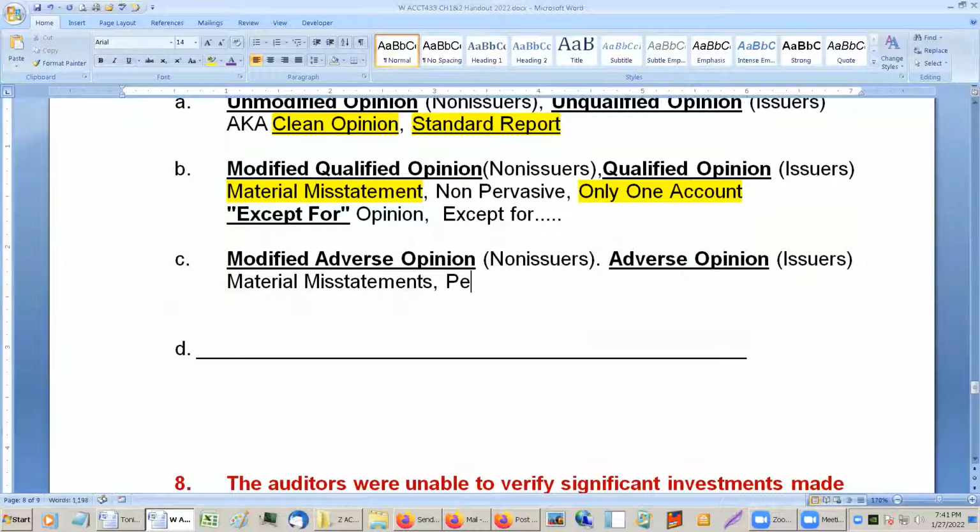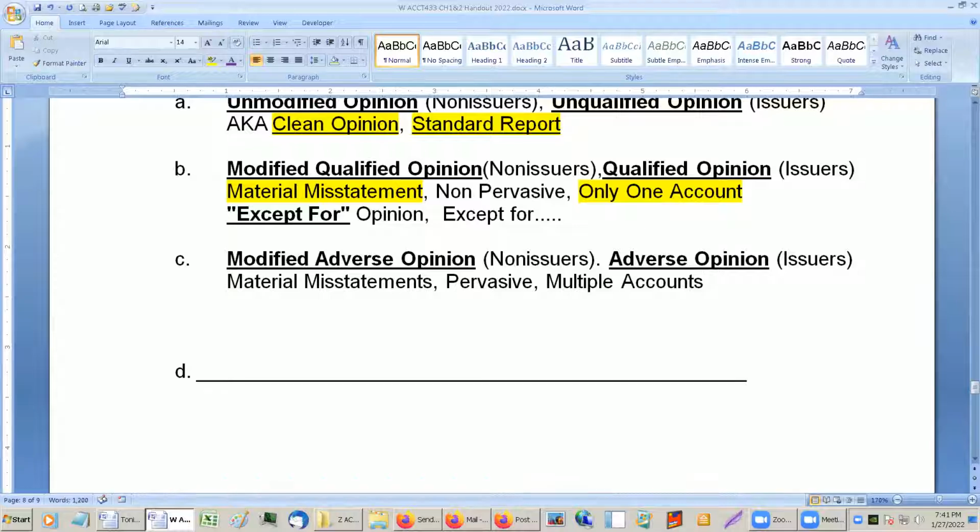They are pervasive throughout the entire financial statements, multiple accounts.